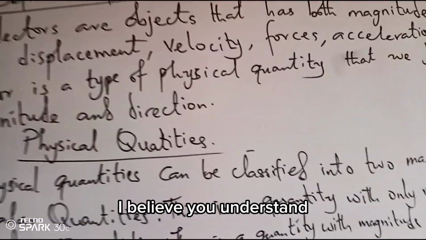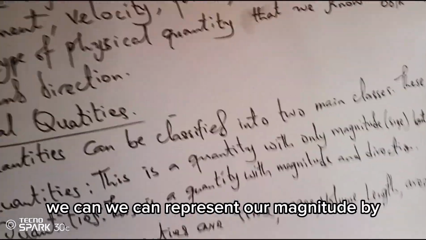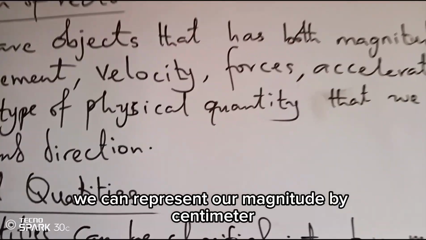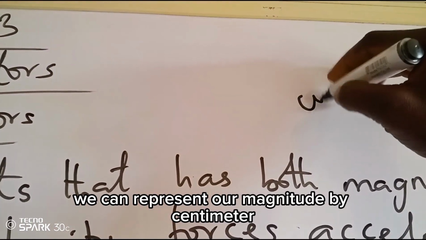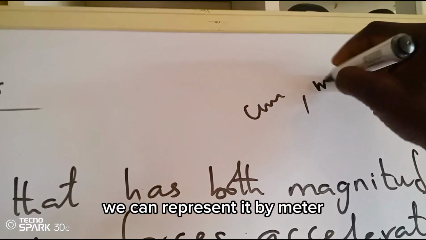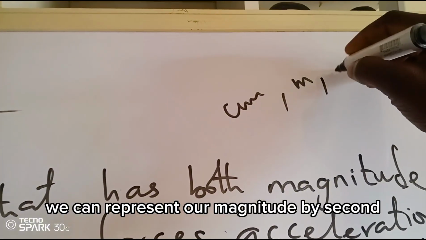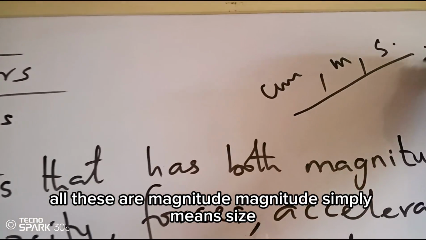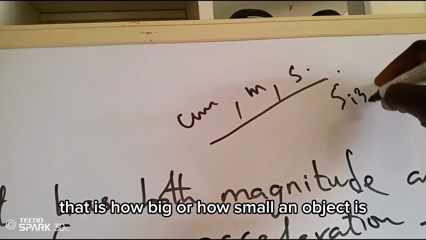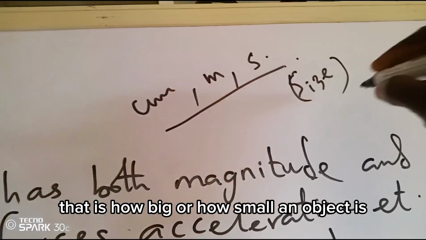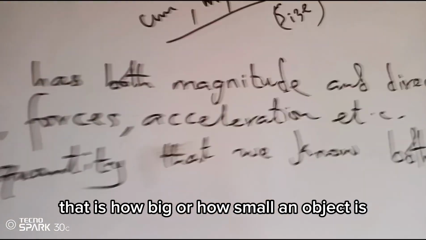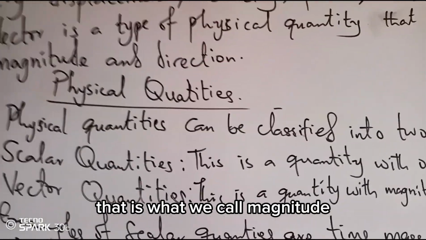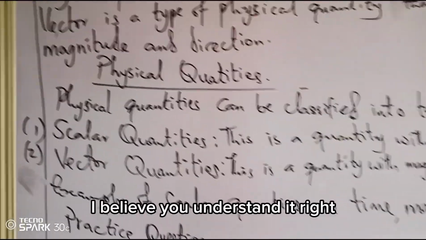We can represent our magnitude by centimeter, by meter, or by second. All these are magnitude. Magnitude simply means size. That is how big or how small an object is. That is what we call magnitude. I believe you understand this, right?